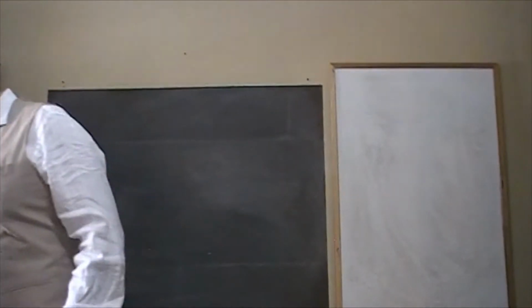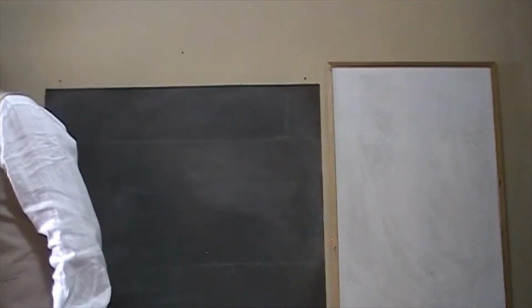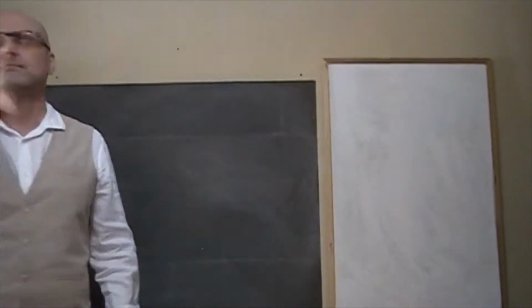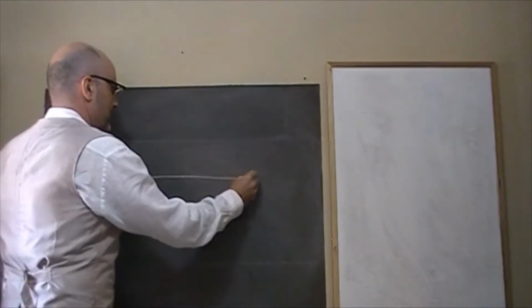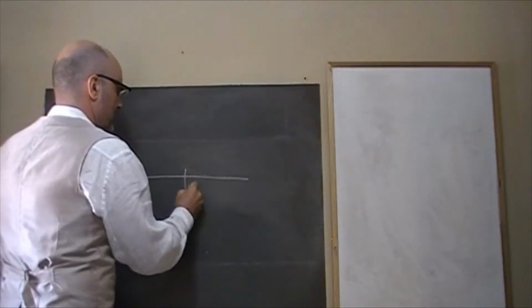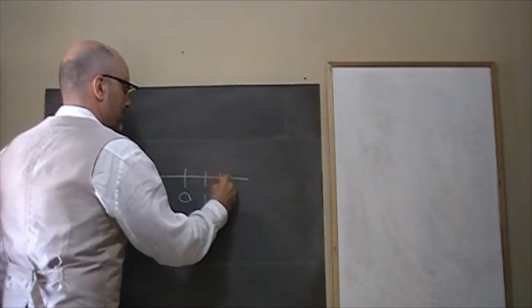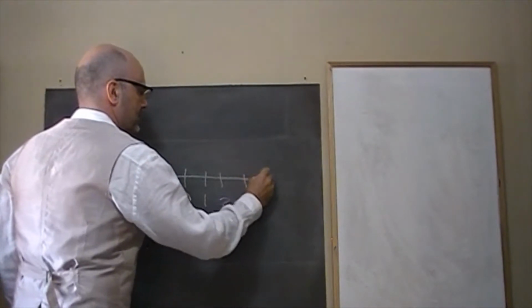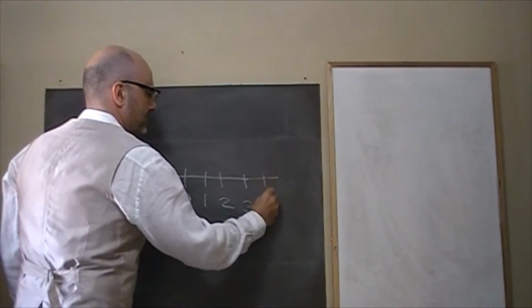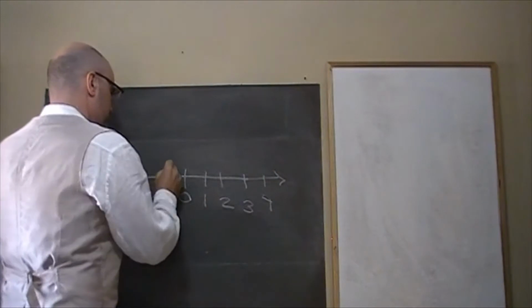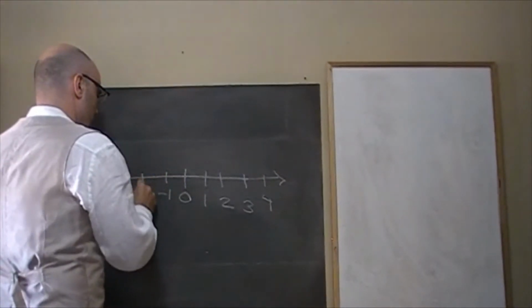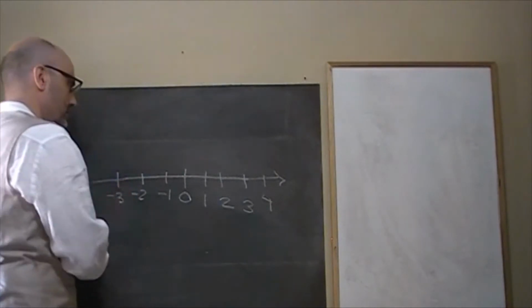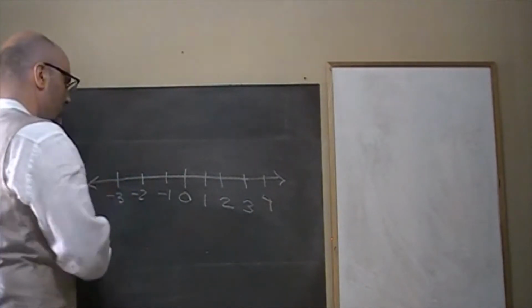draw a number line. Like this. 0, 1, 2, 3. Go a bit further. 4. -1, -2, -3. And I'll keep going.